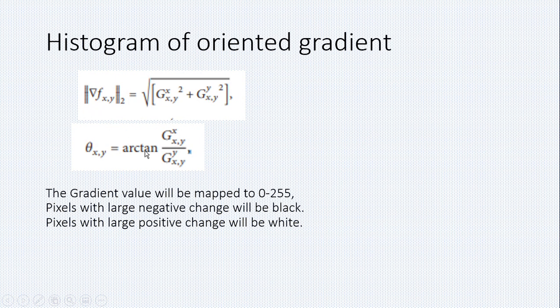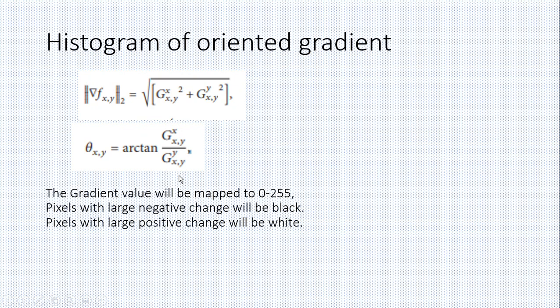This is the equation for finding the magnitude of the gradient. And to find the direction of the gradient, we can use the formula arctan of gx of x, y over gy of x, y, or theta of x, y, the direction, equals tan inverse of gx over gy.